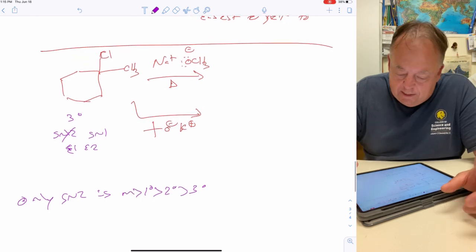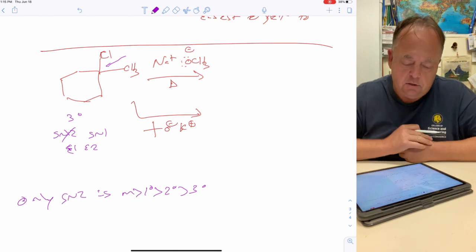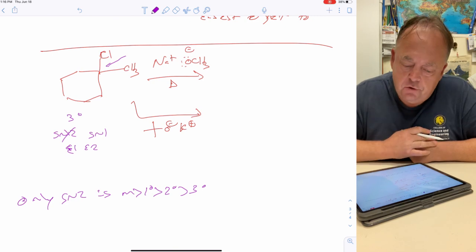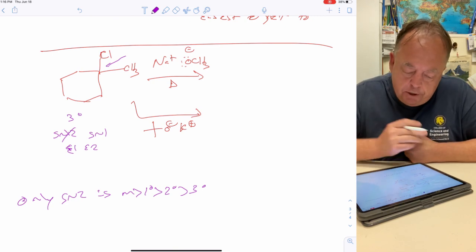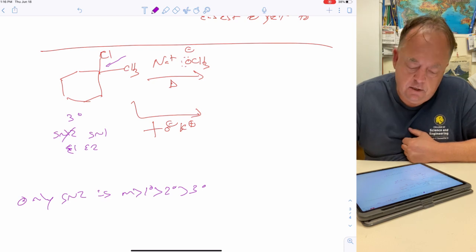Okay, so why does E2 like tertiary? The reaction is not at that position, right? It's one position away. So the steric crowdiness around that carbon doesn't really matter like it does for an SN2. And if it's tertiary, it's going to lead to a more substituted alkene, so that's going to be favorable for an elimination reaction.